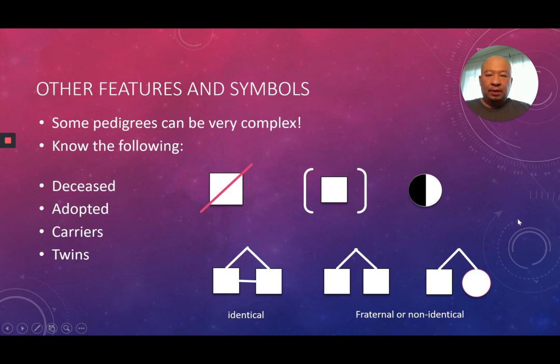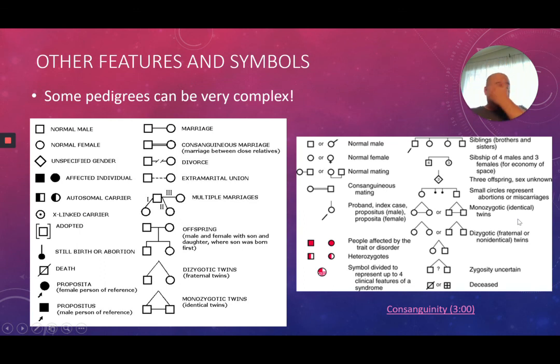Now, I will give you a handout that looks like this. It has a whole bunch of different symbols that you may or may not need for your particular family pedigree. But there's a couple that I could point out right now. Most families might have gone through some kind of divorce.